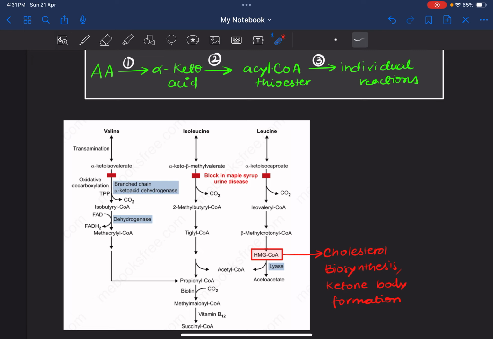So therefore isoleucine is both ketogenic and glucogenic. In case of leucine, it forms HMG-CoA. HMG-CoA is going to be involved in cholesterol biosynthesis and also ketone body formation since it forms acetyl-CoA and acetoacetate. So therefore, leucine is a purely ketogenic amino acid.